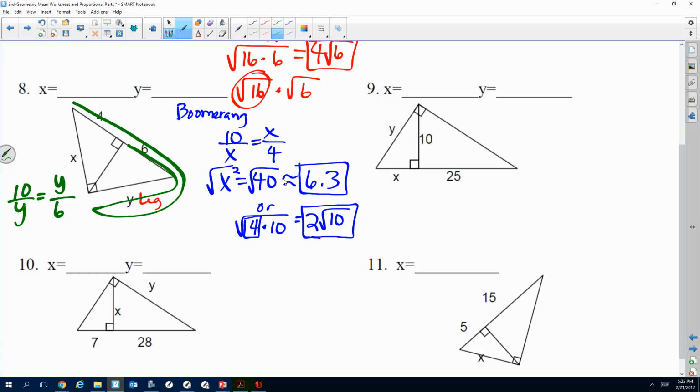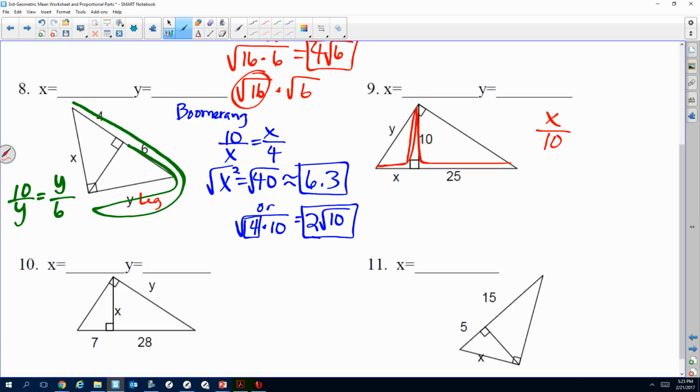Cross multiply. Then on number 9, because again we have this altitude, we are using heartbeat. And we're going to set up our heartbeat. Our heartbeat goes to X up 10.